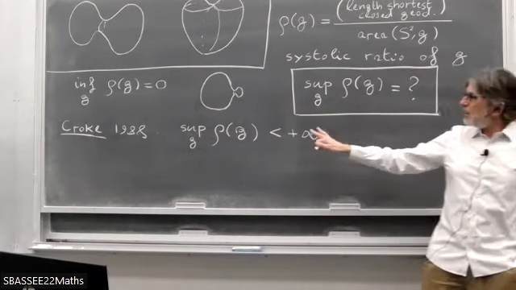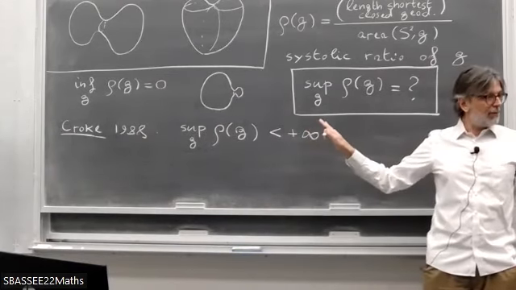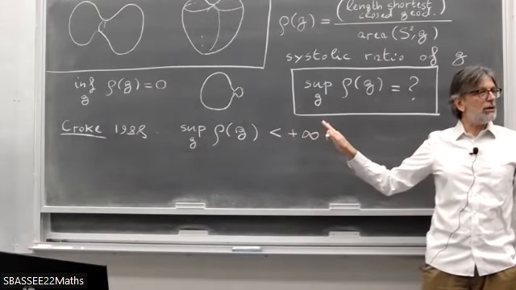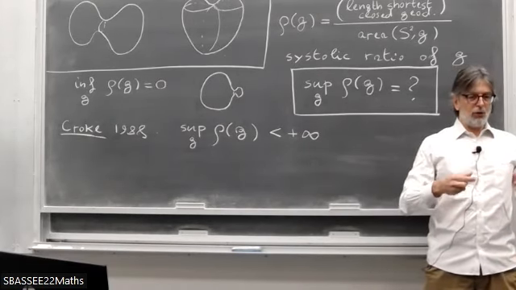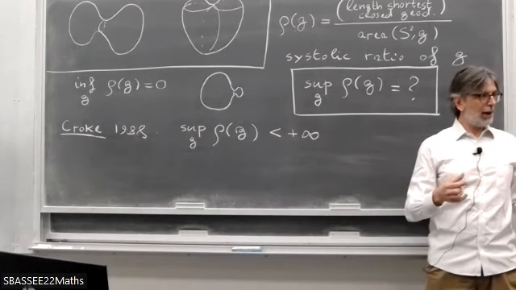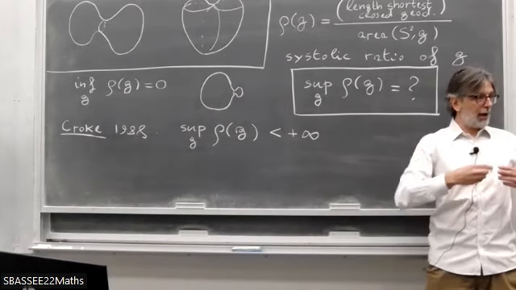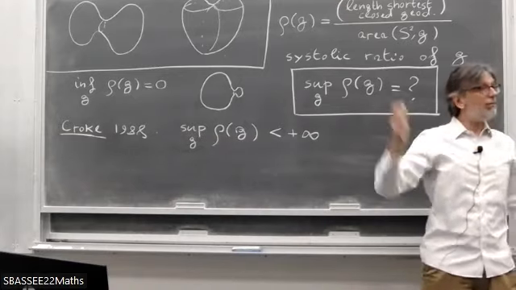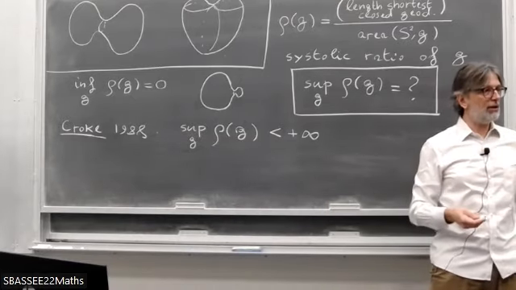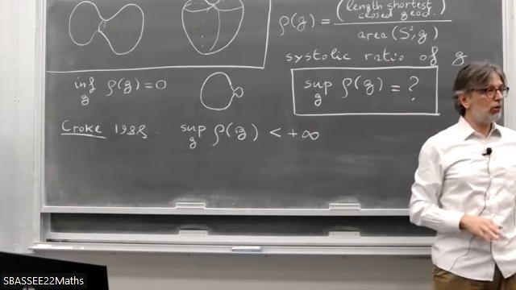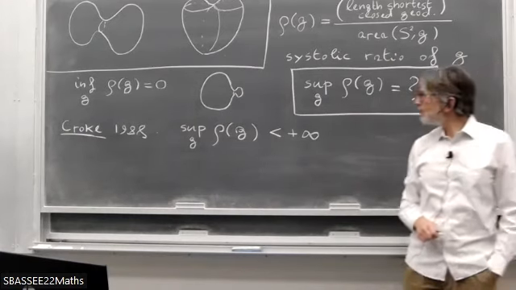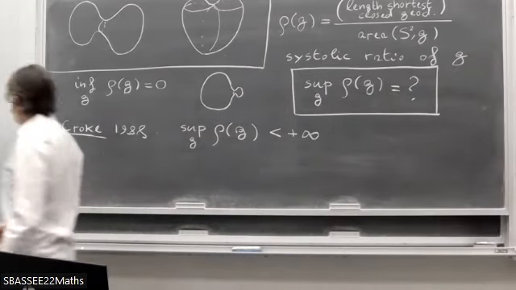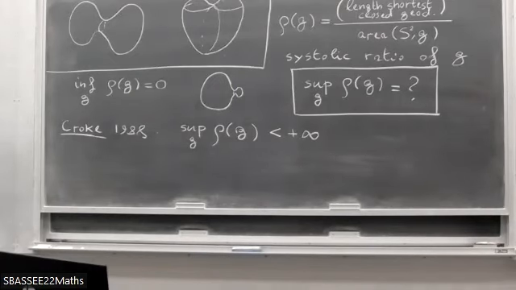This question is also studied for non-compact manifolds, for instance surfaces. You can consider surfaces which are non-compact but have finite area, like surfaces with cusps. And then it becomes again a very interesting situation.